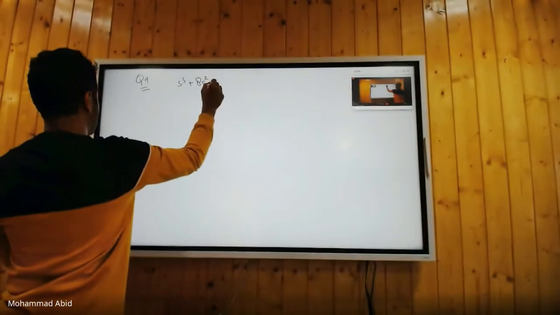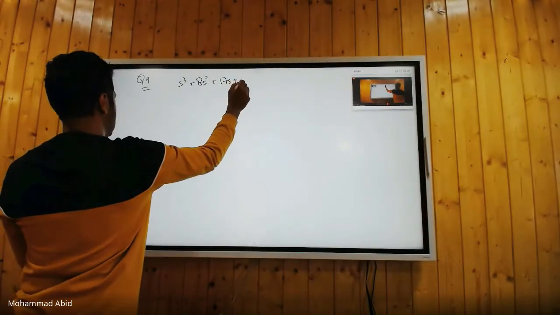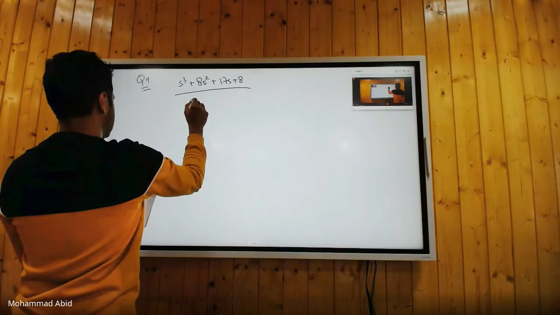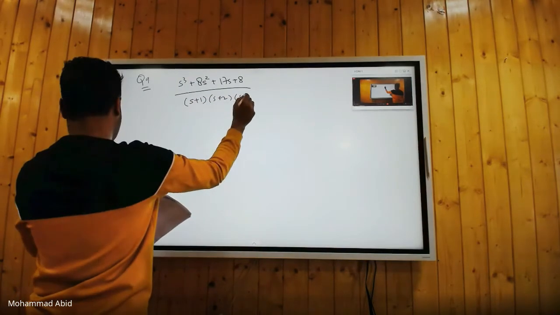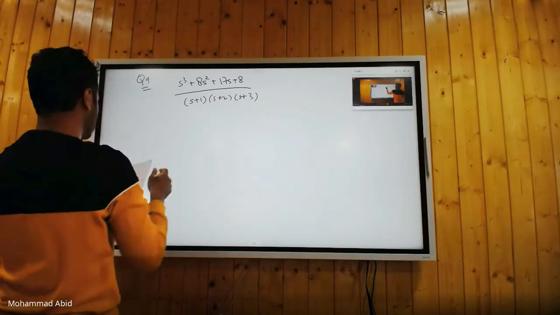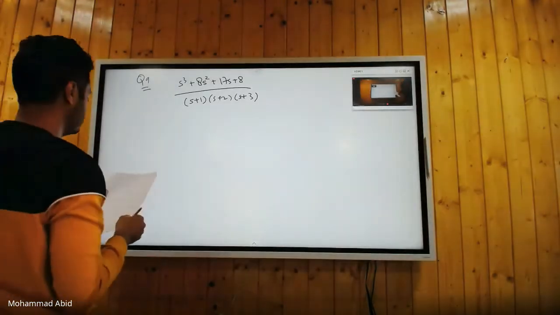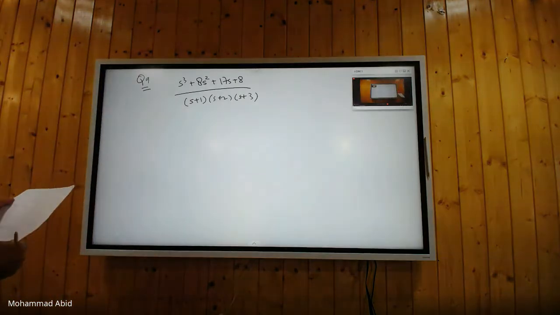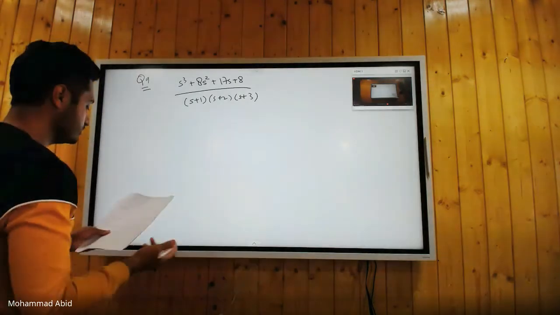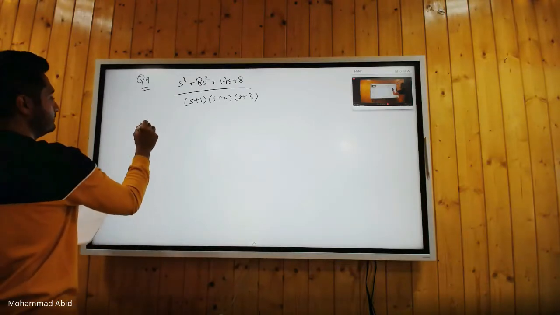The transfer function is s cube plus 8s square plus 17s plus 8 upon s plus 1, s plus 2, s plus 3. You have to construct state models for the transfer function in different canonical forms using inspection. First, companion form.